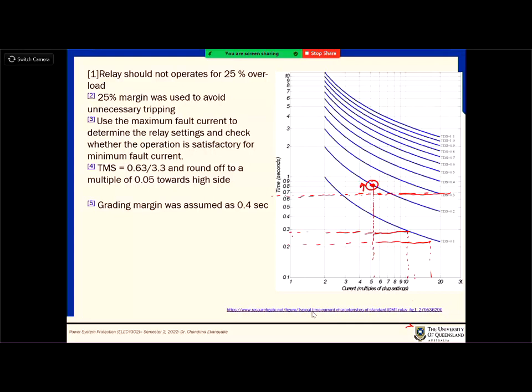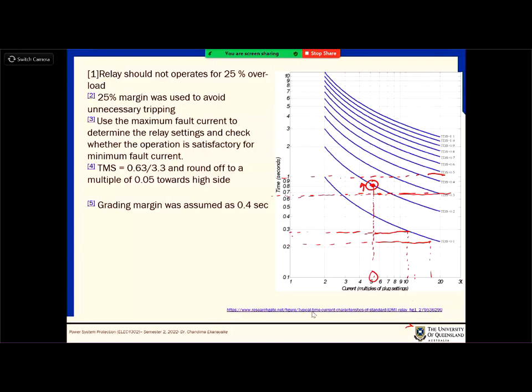Now let's say that somehow your required operating time from the previous answer was somewhere here, then this is not a good candidate. Then you need to go further up. Got it? Because this point is a fixed point. We mentioned that our plug setting multiplier or current setting multiplier is 5.3.